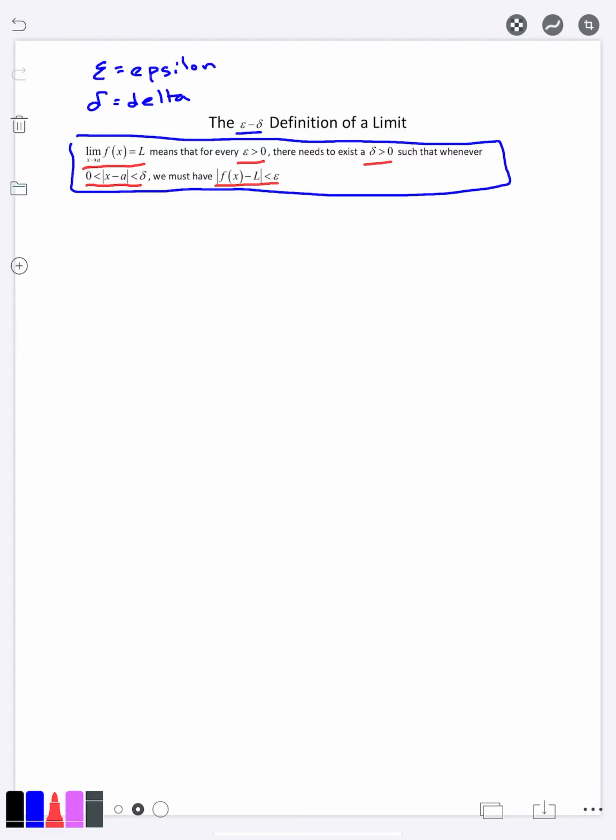To go into more detail on this, if you ever have the inequality absolute value of x minus a is less than, let's say, 5, what that means is if you go on your number line and you start with a in the middle, then you're going to go 5 to the right and 5 to the left, and you're going to take all the numbers in between those.